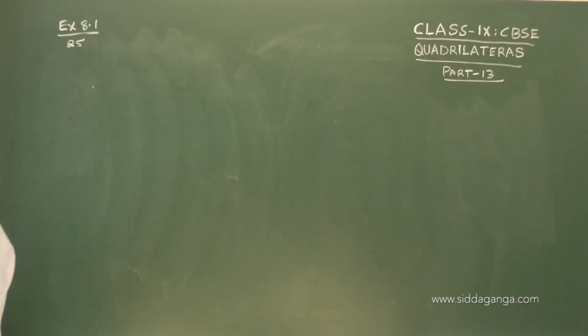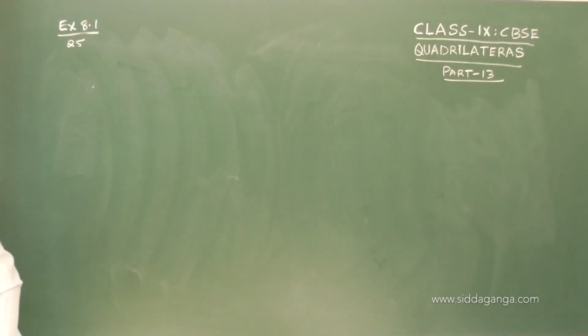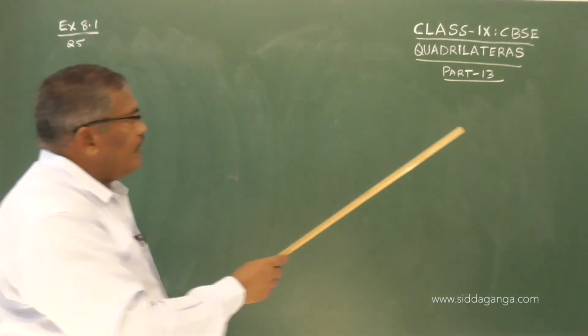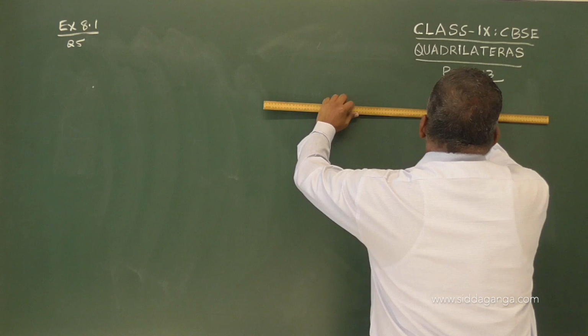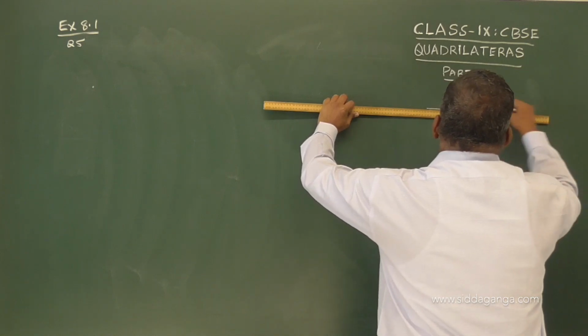So, again we have to have a diagram, the same diagram of course, ABCD, a square.